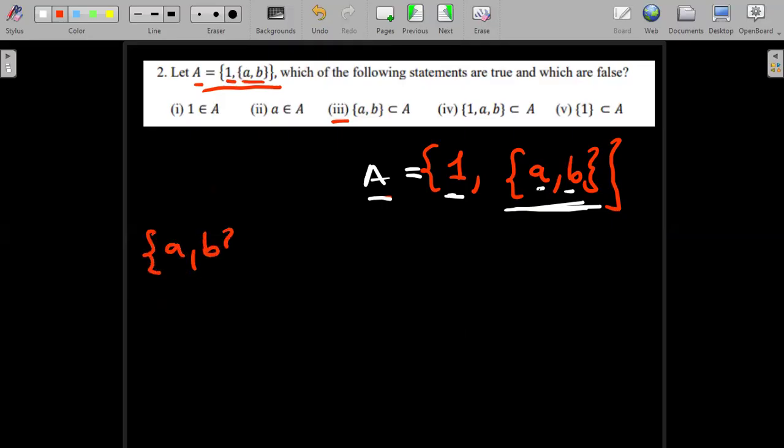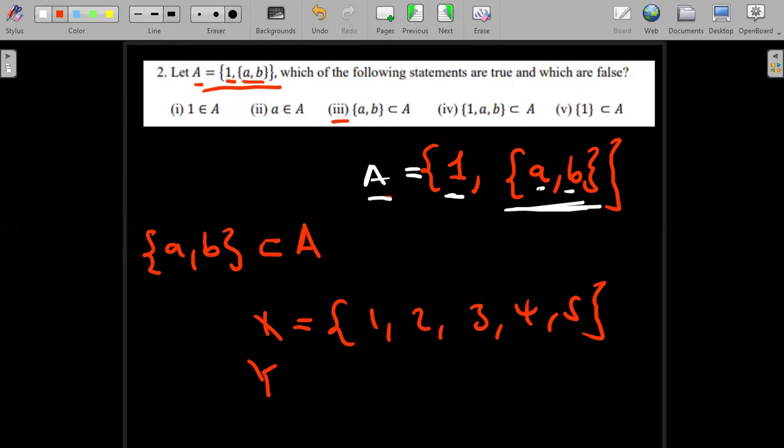A comma B being what? A subset of A, like this. So we're saying a subset is just a set that is contained in what? In another set. So if I have the set X, the set X has the elements 1, 2, 3, 4, 5, and I have the set Y, and Y has the elements 2 and 4.